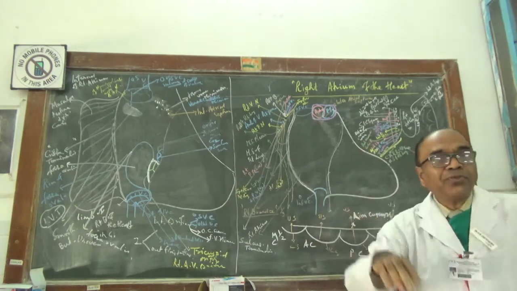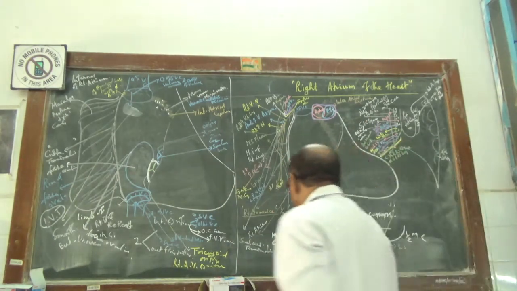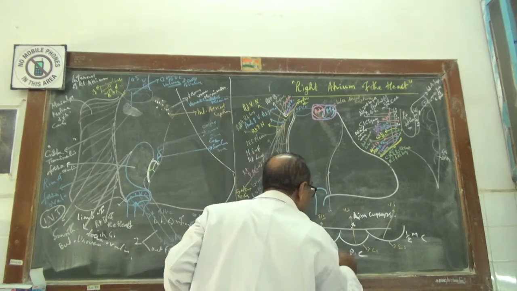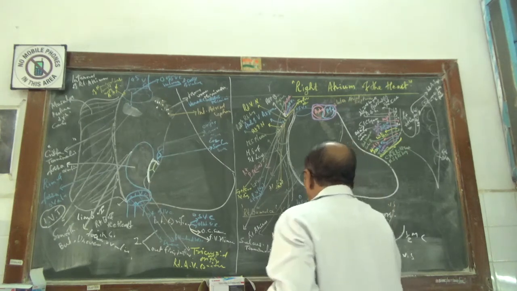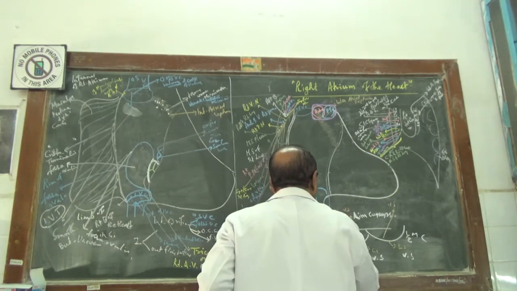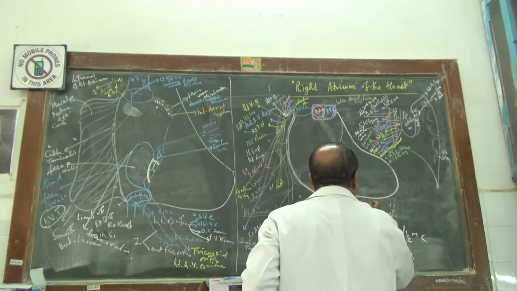This is called a ventricular surface, because they are directing towards the ventricle, while the upper is called the atrial surface of the cusp.